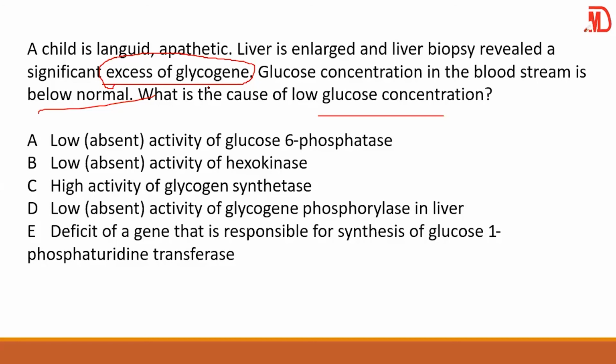There's no enzyme to signal the liver that glucose needs to be released. So over here, we are thinking of low or absent activity of glycogen phosphorylase in the liver. So your answer is D. All right.